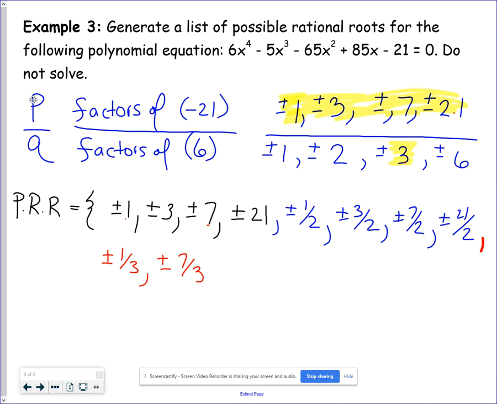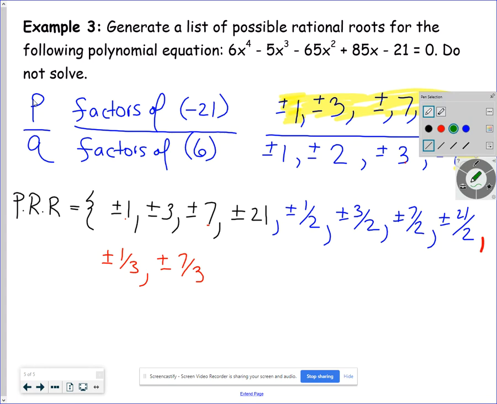Last thing we're gonna do now is put all the numbers on top over 6 and see if we get any new ones generated. So we're gonna have 1 over 6. 1 over 6 is 1/6. That's a new one. 3 over 6. 3 over 6 is 1/2.